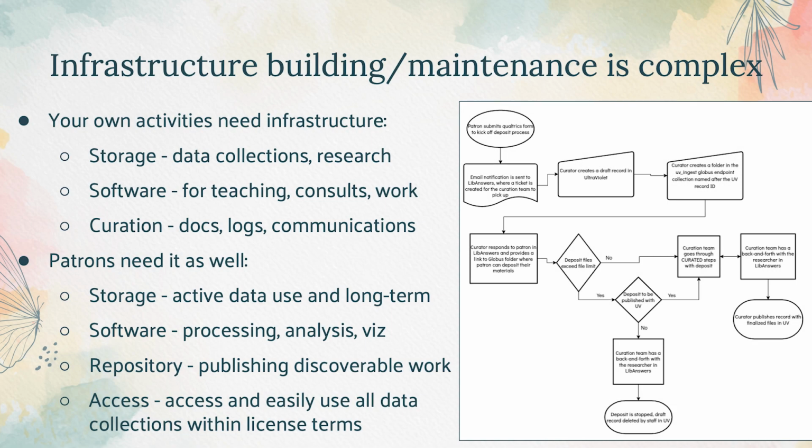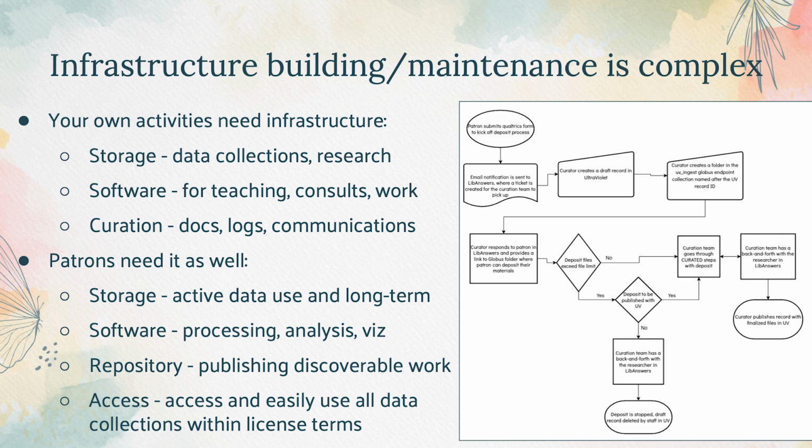And I'm sorry for this diagram on the right, but it's a mock-up of a curation workflow whenever somebody wants to deposit into NYU's repository. We have a lot of different systems and infrastructure that interact with each other to let us do that.